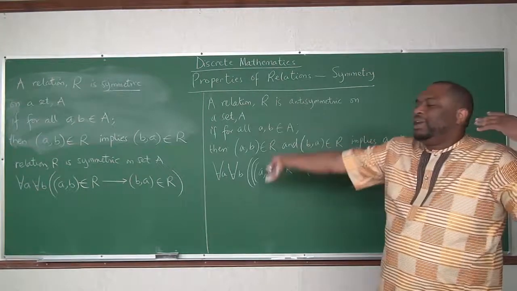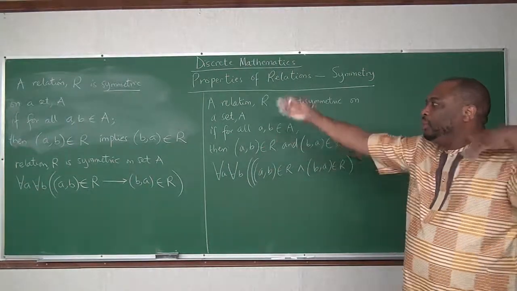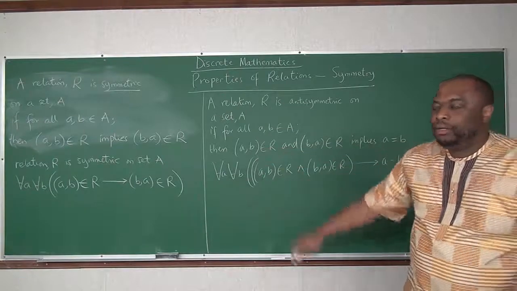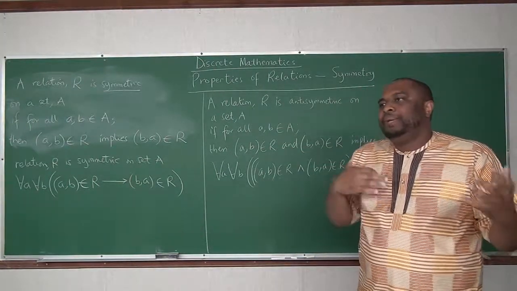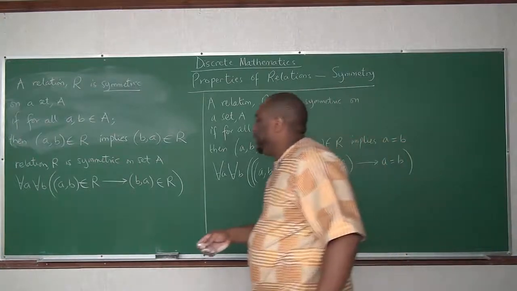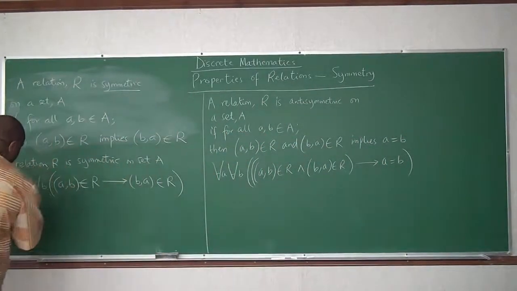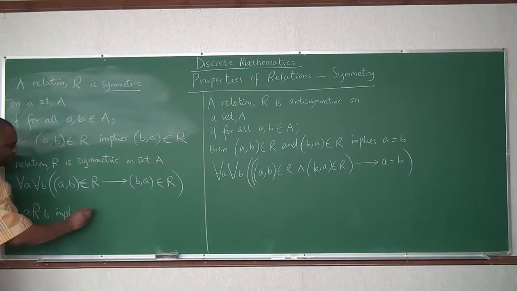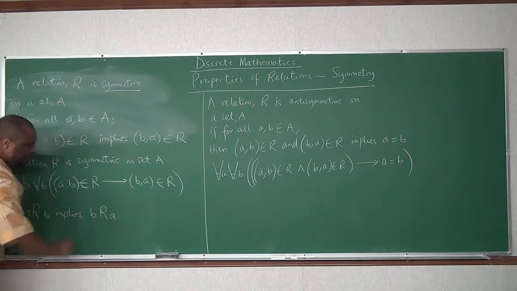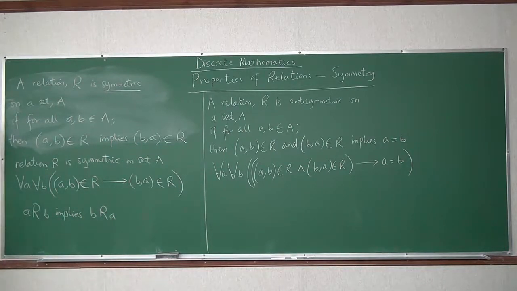Now, another way you can put this: you could say A relation B implies B relation A for symmetric.